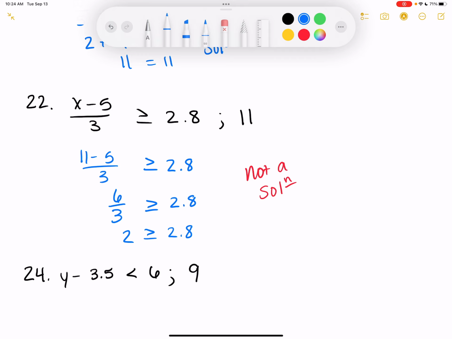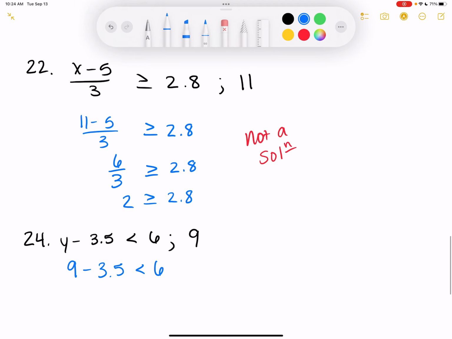So I plug in 9 over here. 9 minus 3.5 less than 6. 9 minus 3.5 is 5.5, so 5.5 less than 6. Is that true? Yes. So it is a solution.